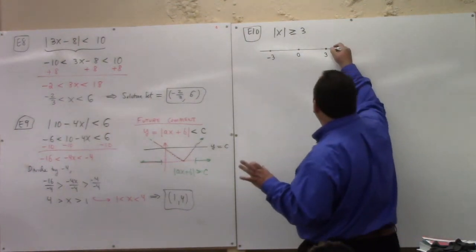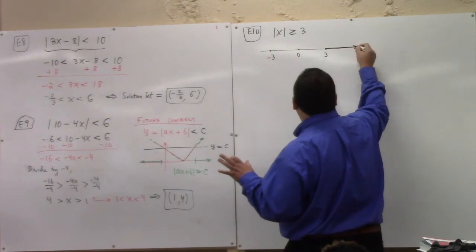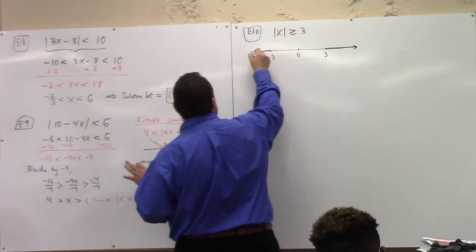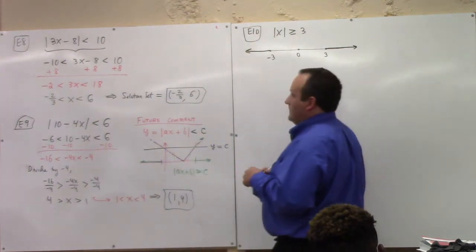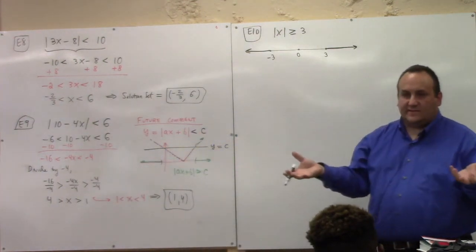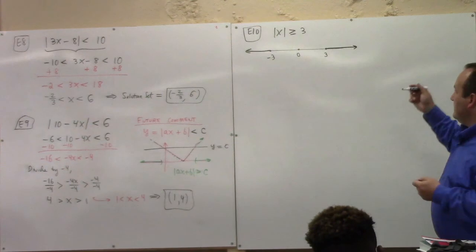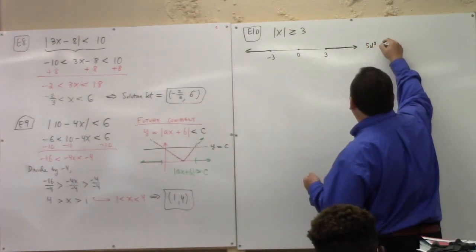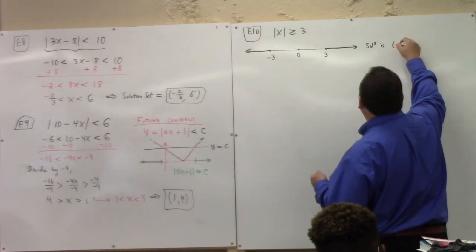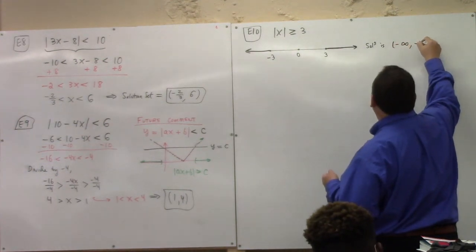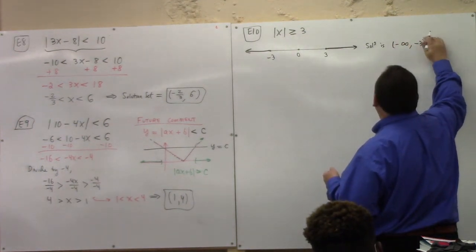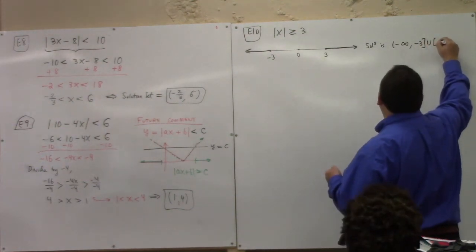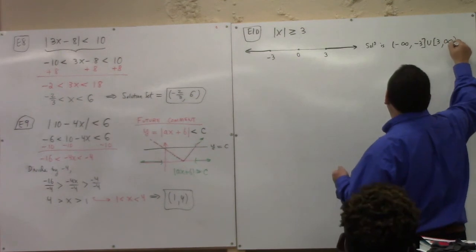You can either be over here, or you could be over here. So there are two disjoint cases. And the solution, just looking at the number line, is minus infinity to minus 3. Oh, I threw equality in, so I got to put a square bracket. Union with 3 to infinity.